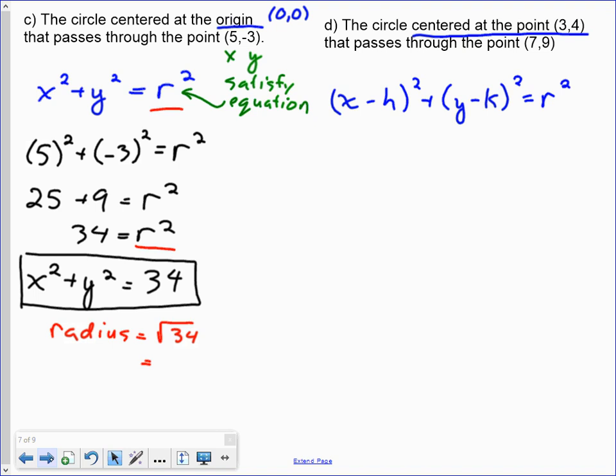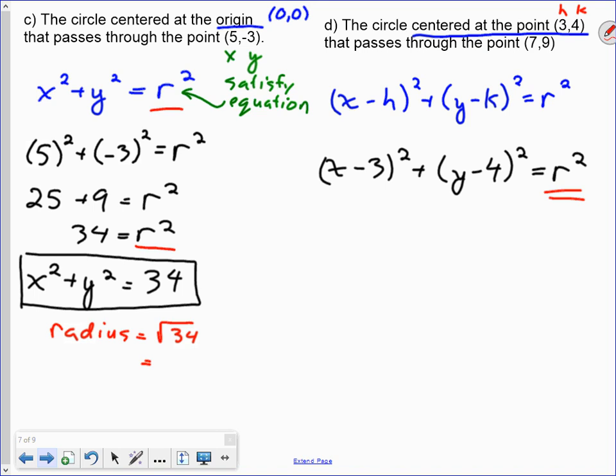And the coordinates of this point that they give us for the center are h and k. So let's sub in h and k first. We'll have x minus 3 squared plus y minus 4 squared equals r squared. Now we just need to figure out what r squared is, and then we have our equation.